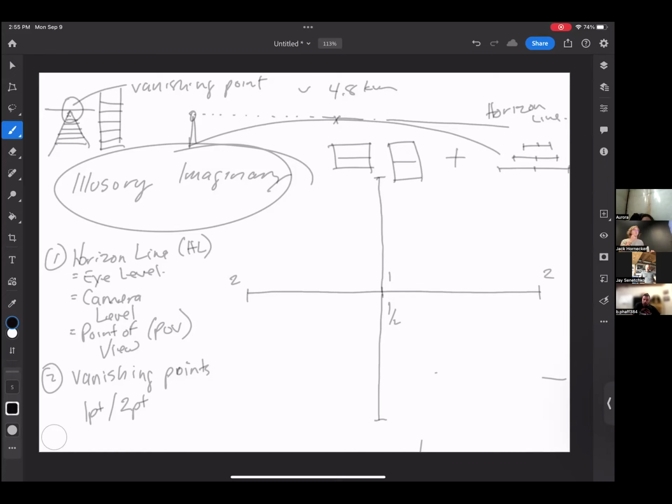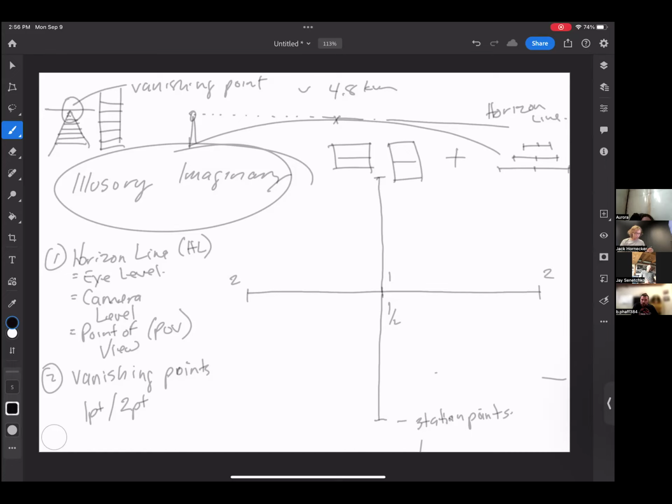At the end of that vertical line, at both the top and the bottom, you have what are called station points. Station points are important for us to know, but not so important that we need to spend any time on them right now. All that we need to know is that they exist and they're equidistant away from the 1 point, as are the 2 points.